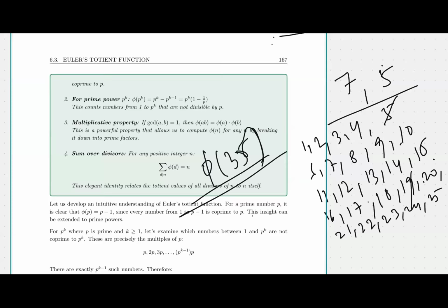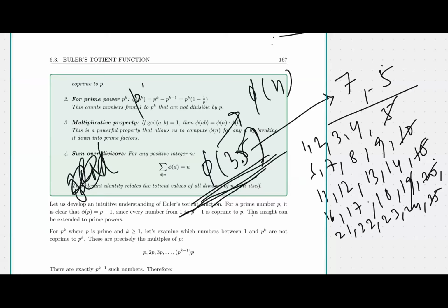So anything which will be co-prime to this will have to be co-prime to both 7 and 5. Correct? Yes, sir. The whole idea is, any prime which divides n, let's assume there is a prime p which divides n, right?